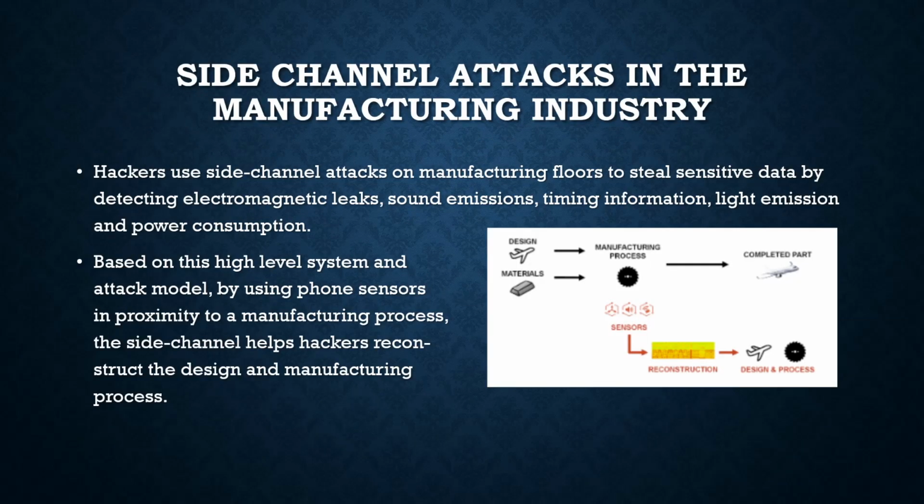When I defined side channel attacks based on that article, they were talking about it in terms of an attack against cryptography. But really, in the manufacturing industry, hackers can use side channel attacks on manufacturing floors, and they can steal sensitive data by detecting electromagnetic leaks, sound emissions, timing information, light emission, and power consumption.